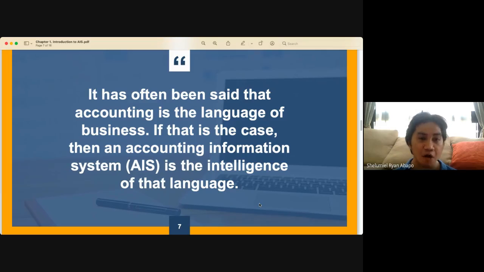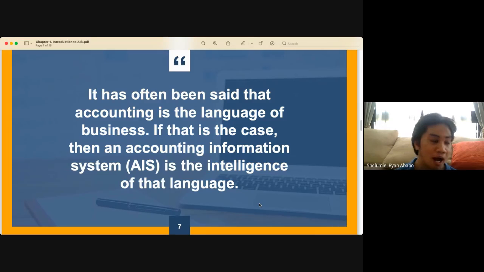But allowing you to understand it in a much bigger context, you'll be able to appreciate accounting more. And I think it's only relevant that we also understand the intelligence behind accounting. And that's why you have accounting information system as a subject.